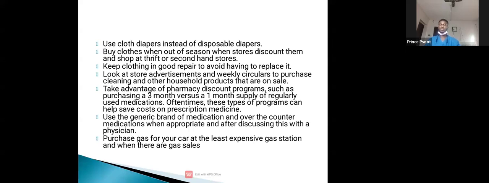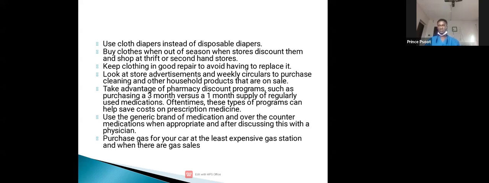Then also you can use generic brands of medication and over the counter medication when appropriate, and after discussing with a physician.